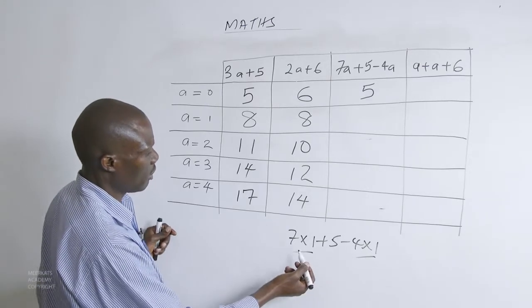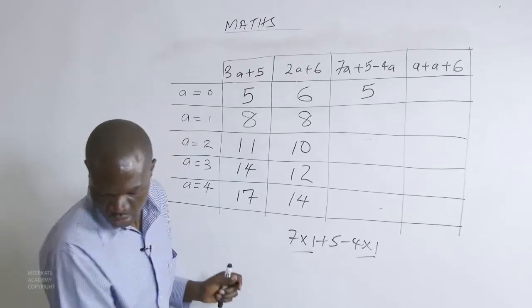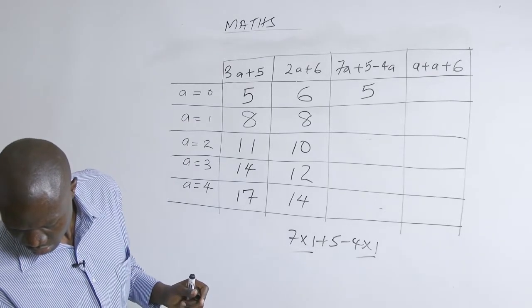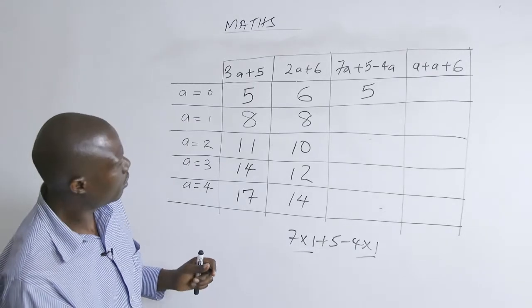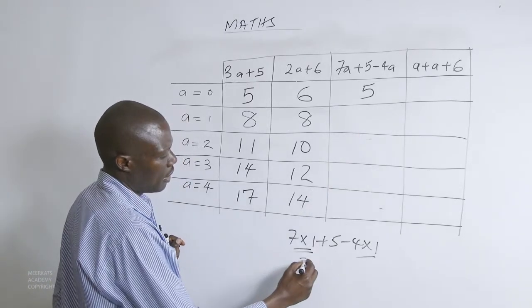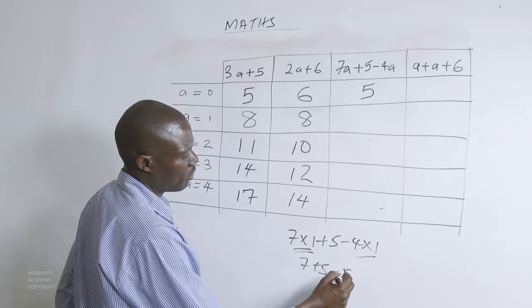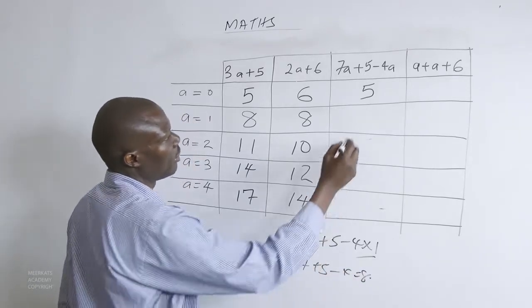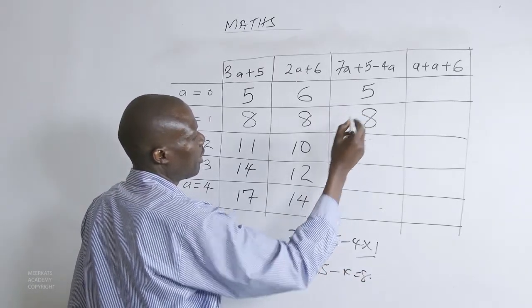That is going to give us 7 for this one. That is 7 plus 5, this is 12 minus 4. This one gives us 8. So this part we shall have it as 8.